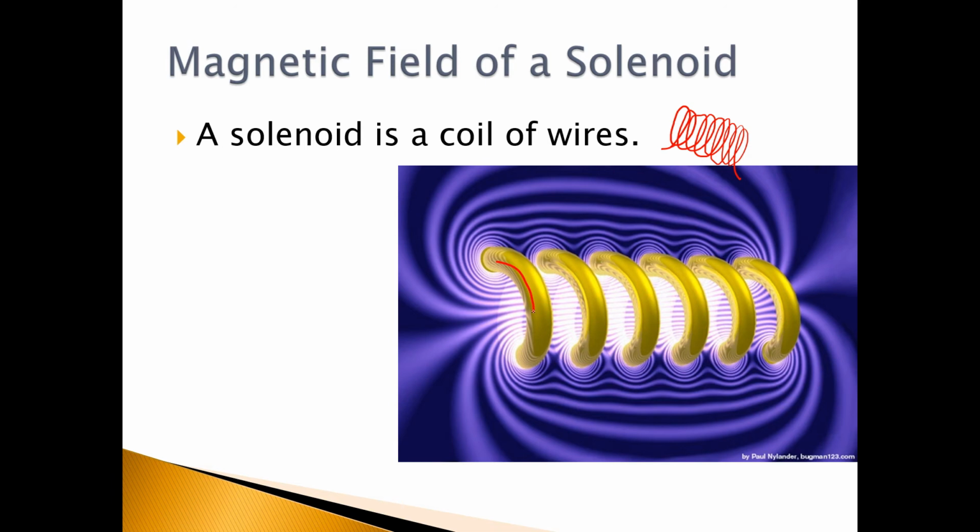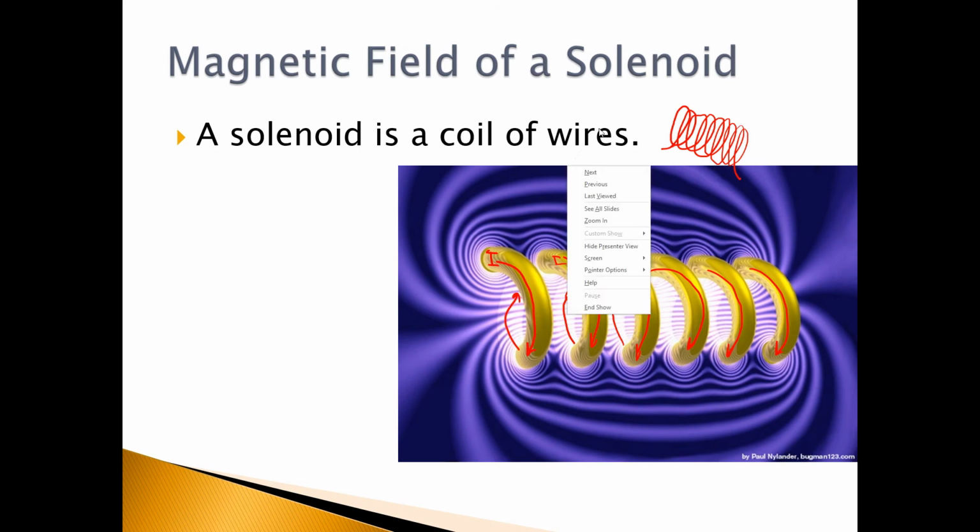Here, let's suppose our current is going this way. There's my current. I guess the current goes around like that. Kind of hard to see, but I'll draw it in. My current is curling around like this. So the right-hand rule for this one is slightly different.